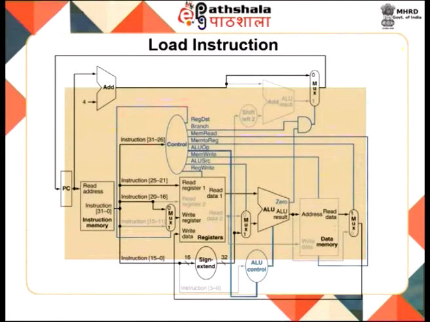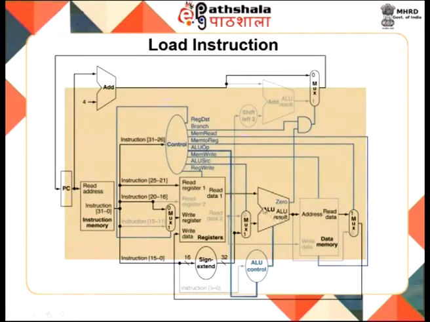On the other hand, if you look at a load instruction, the first part of course is common. For your ALU unit, the ALU control signals do not have the same significance as in an R instruction, but the ALU control signal will basically tell you that an addition is to be performed here, because for a load instruction it is only an effective address calculation which is done in your ALU unit.